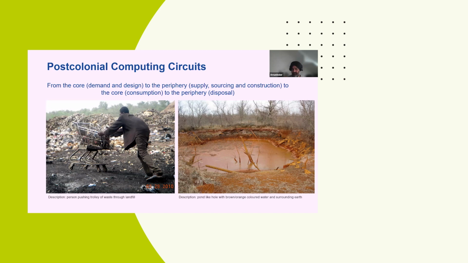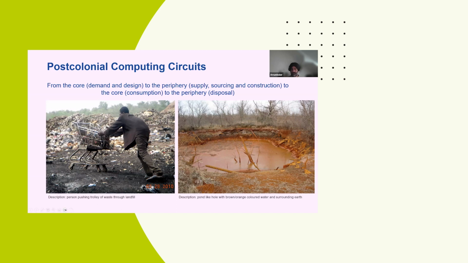And think about Ghana. Now we can just think about the fact that 250,000 tons of waste per year is transported to Ghana and dumped into landfill. And we're just talking about one country here.